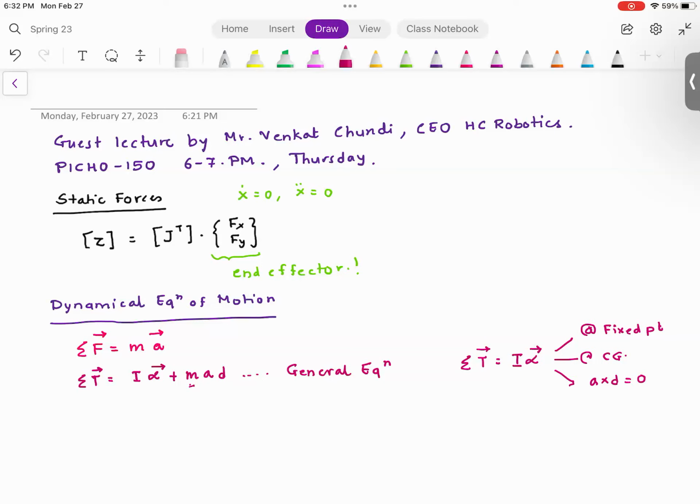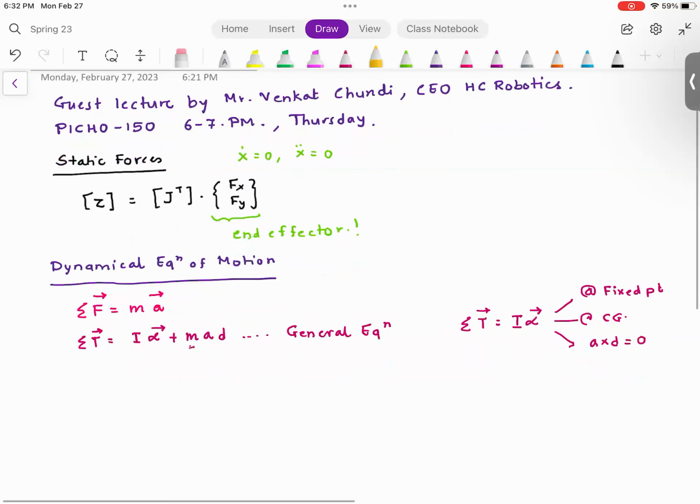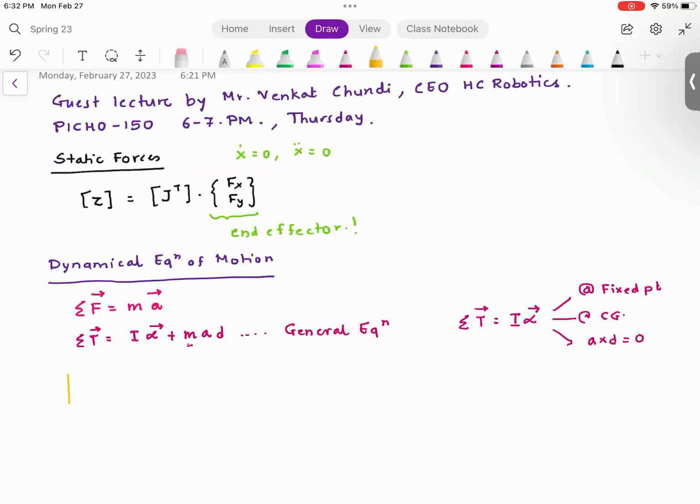So what I want to do is take a very simple example. You have this spring, you have this mass, and I'm going to derive the differential equations of motion for this spring mass system.